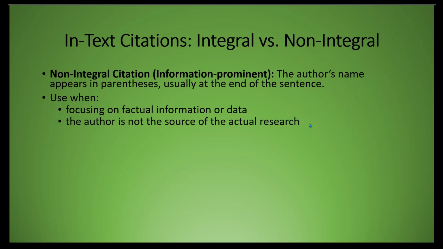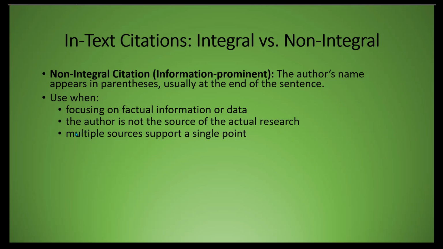So instead of finding the original source, you use the newspaper that cited it. And there, the author of your document is the reporter that wrote the newspaper article, but the research was done by the UN. Therefore, you would use a non-integral citation.